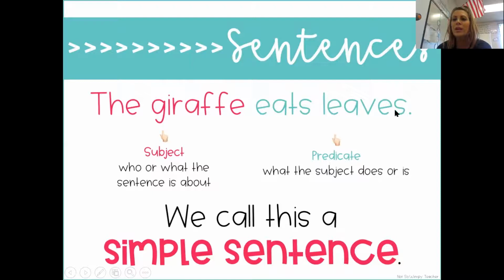Now, if you look over here at eats leaves, that's an example of a predicate because it's telling us what the giraffe is doing. Okay, so every sentence is going to have a subject, which is who or what the sentence is about, and then a predicate. That's what the subject does or is. Okay, so like I said, the giraffe eats leaves. That's an example of a simple sentence.